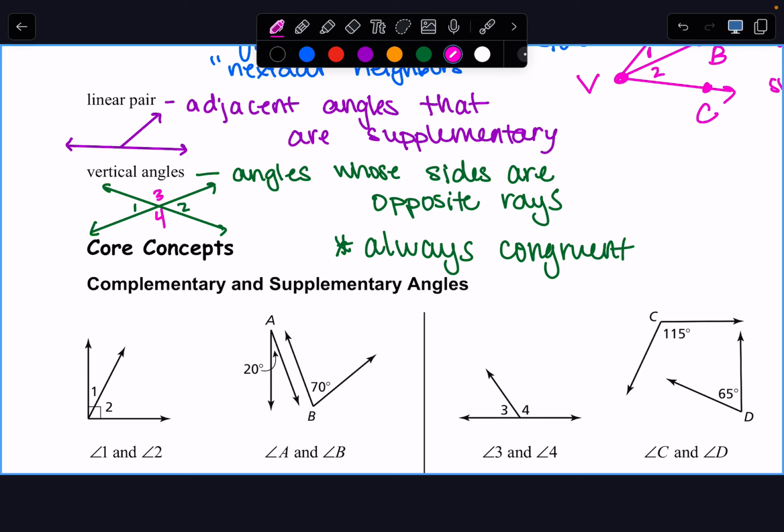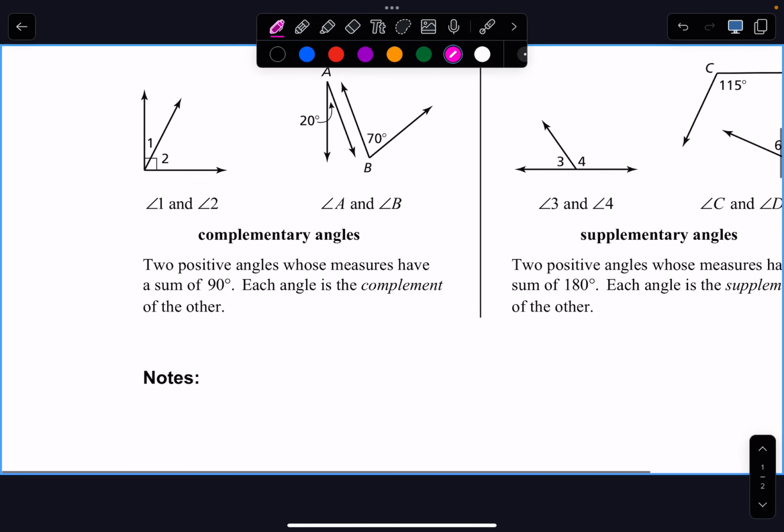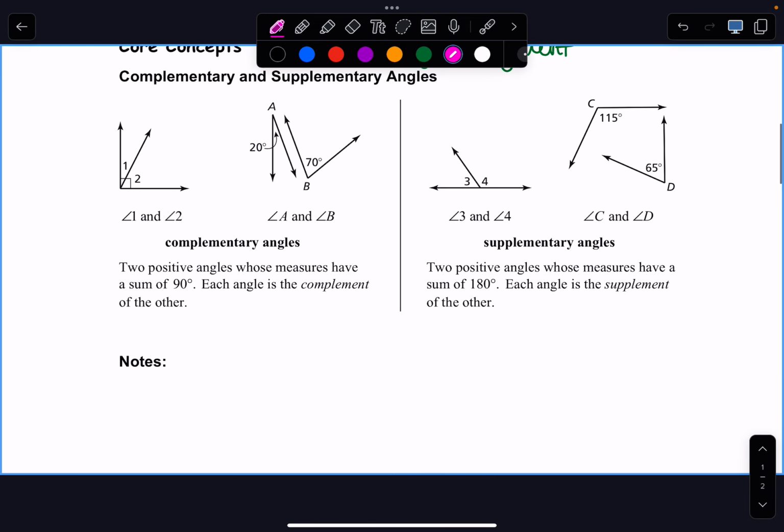Okay. So let's talk about complementary real quick. Now, we know that complementary angles are two angles that add up to 90 degrees, right? They don't have to be adjacent, but when they are, what are we looking for? That box, okay? If I have a right angle, it has to be either said, hey, this angle's a right angle, or there needs to be that box.